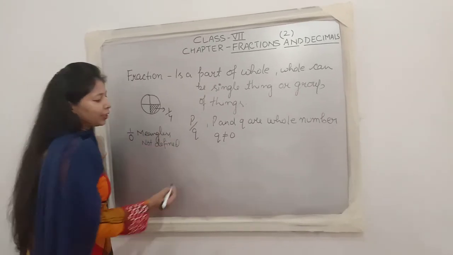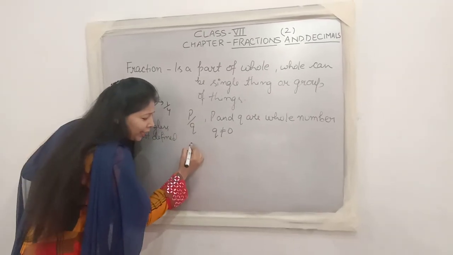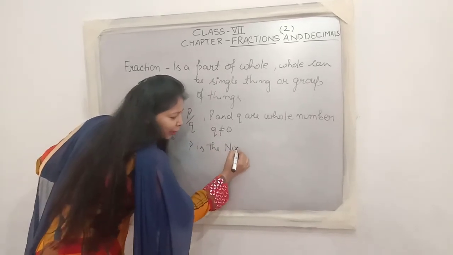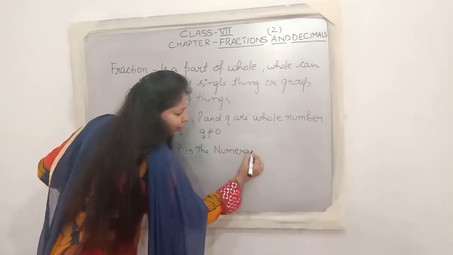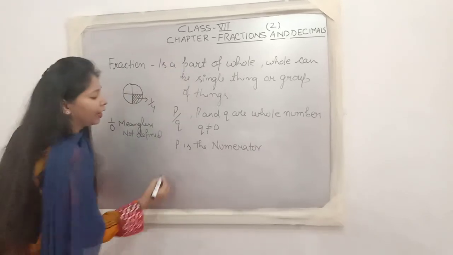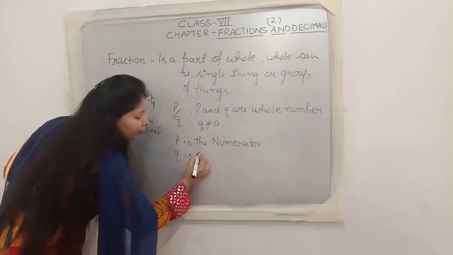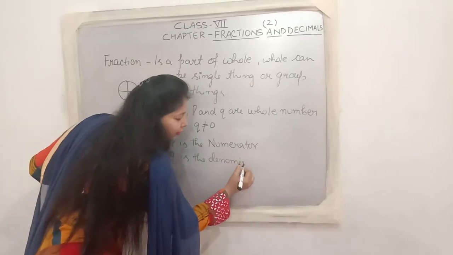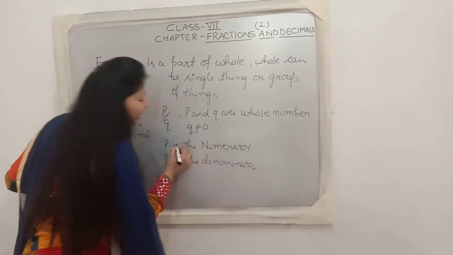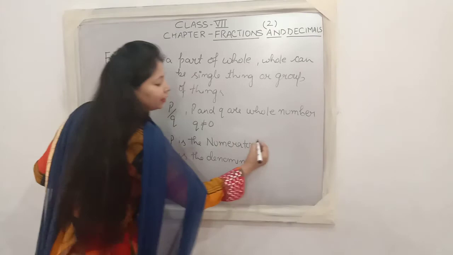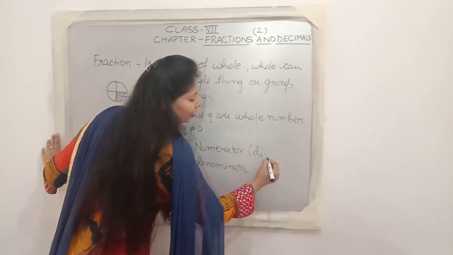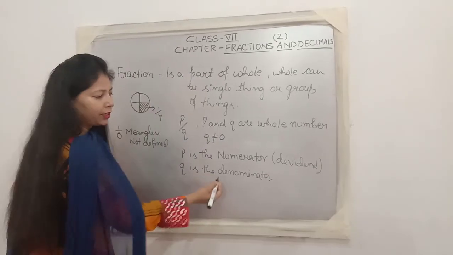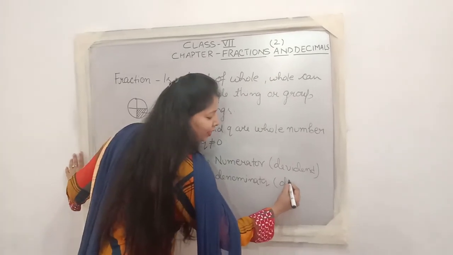Now in a fraction, this P is the numerator. P को हम क्या बोलते हैं? Numerator. And Q is the denominator. P is the numerator, that is the dividend, and Q is the denominator, the divisor.